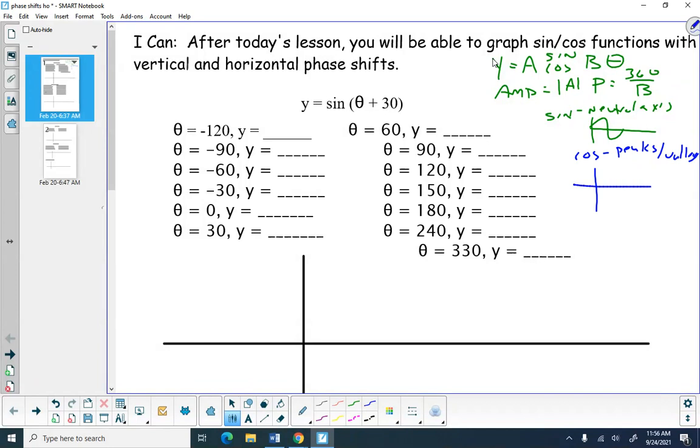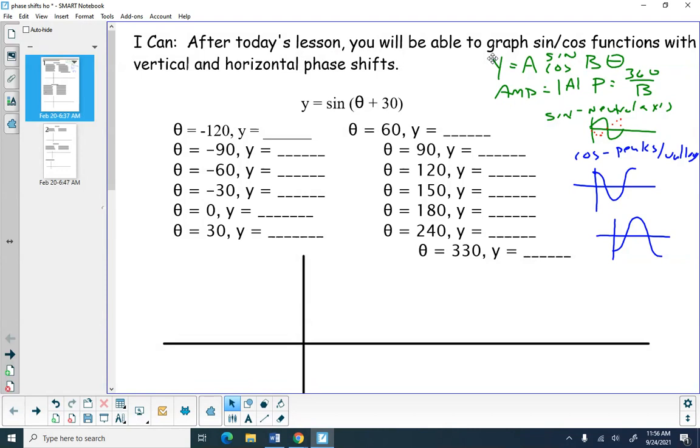So I will start at my peak or my amplitude, down and back up again, or it could be a valley where I start at the bottom, go up, and then back down again. And if we have a negative sine curve, it would just be SpongeBob opposite day, the opposite of what we're dealing with.